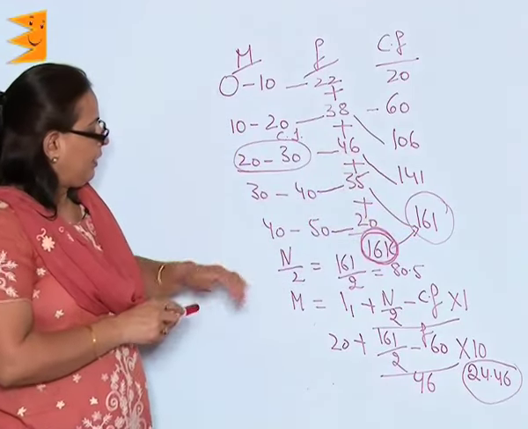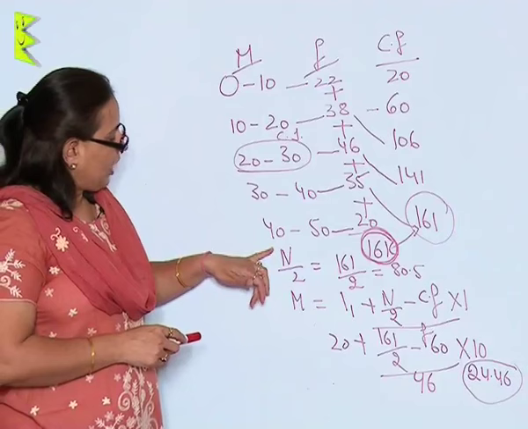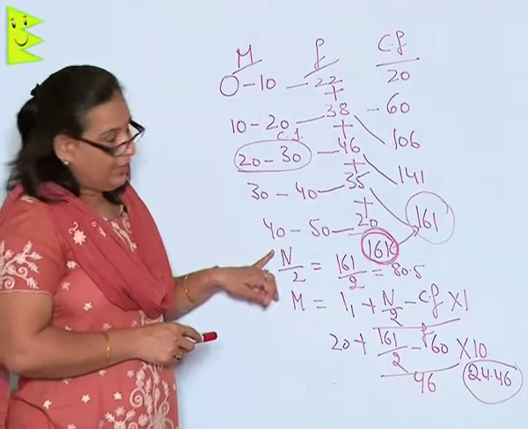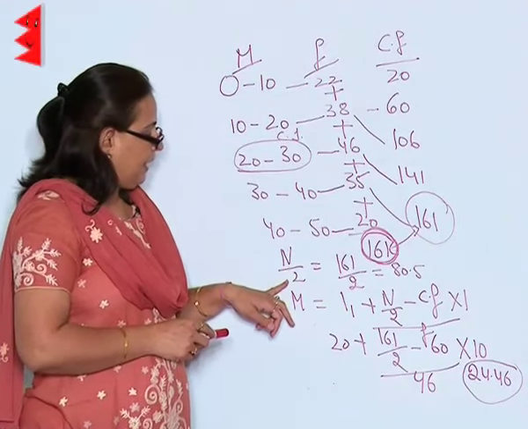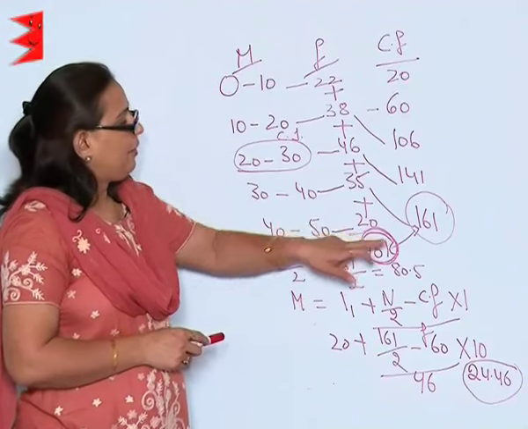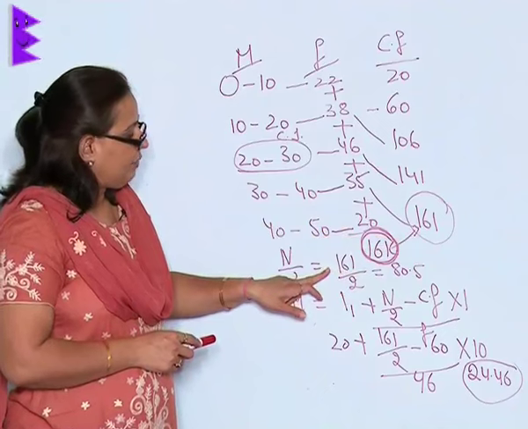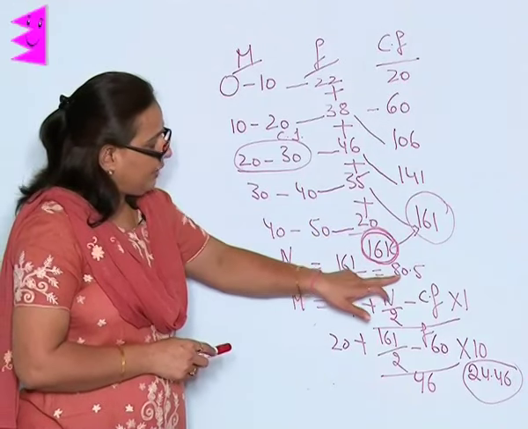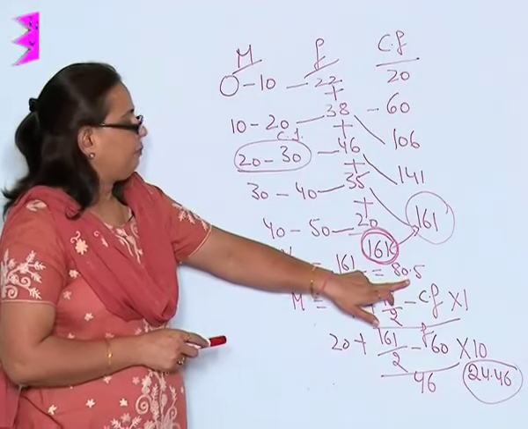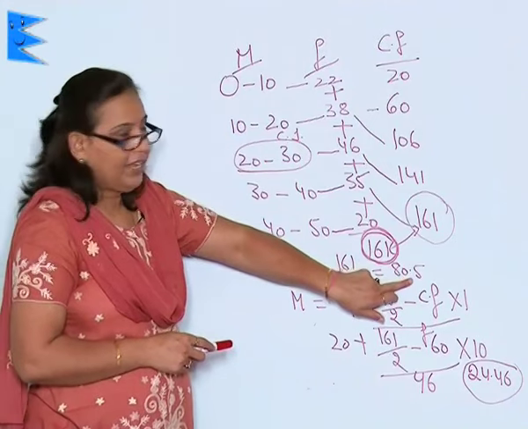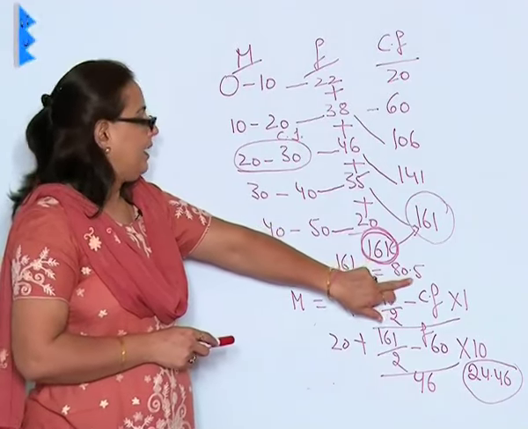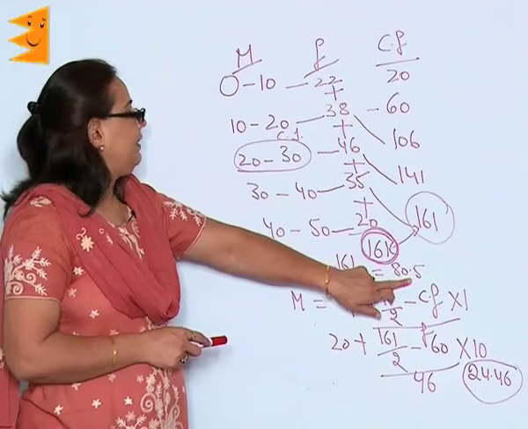Now, to find out the median, we shall be taking into account the number of observations divided by 2. The number of observations is 161, which means 161 divided by 2 will give me 80.5. That means 80.5 is the median position, and I have to find this in the class interval.